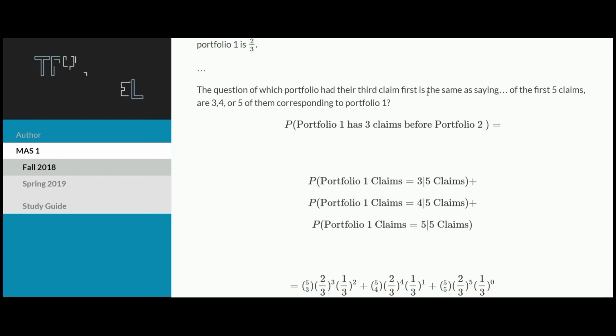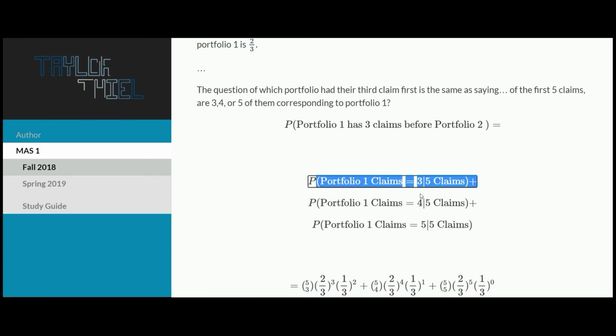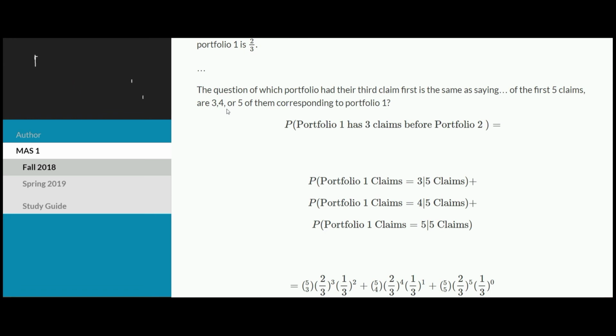The reason we're going to say it like this is, one, that's just 3 straightforward calculations we're going to be able to make, assuming the binomial distribution. And then also they implicitly fully encapsulate what the question is asking. If 5 claims occur and 3 of them are from portfolio 1, obviously portfolio 1 had its 3rd claim first. Likewise, if there are 5 claims and 4 of them came from portfolio 1, same thing.